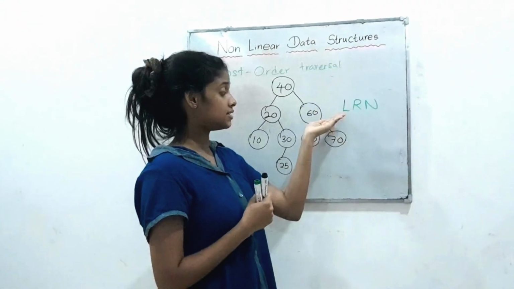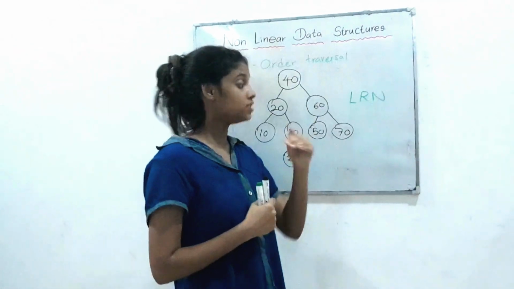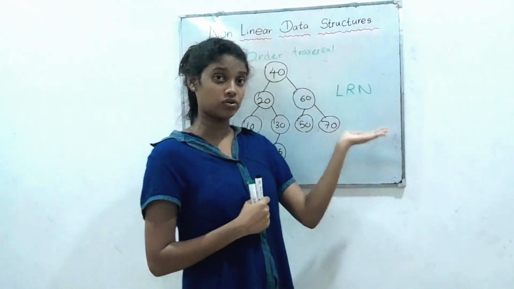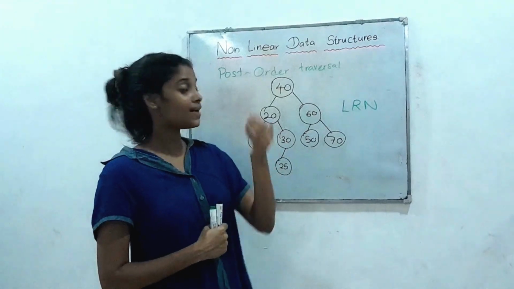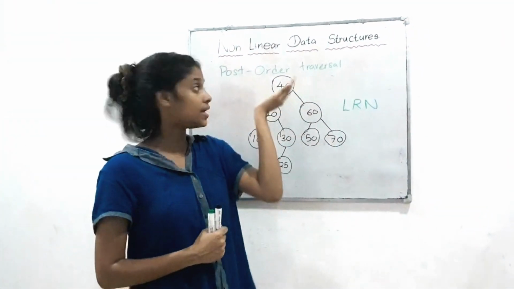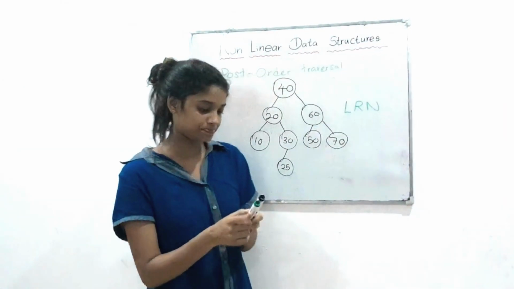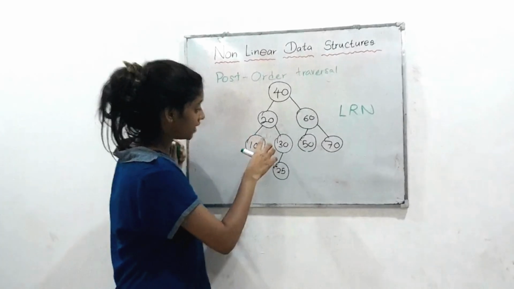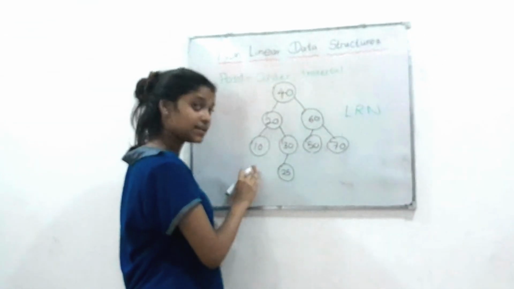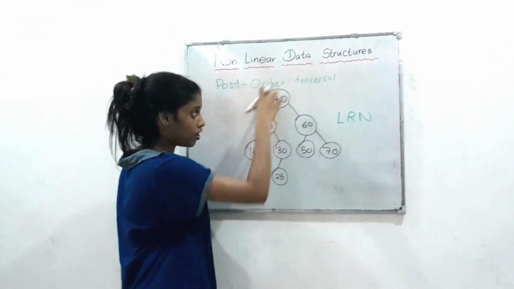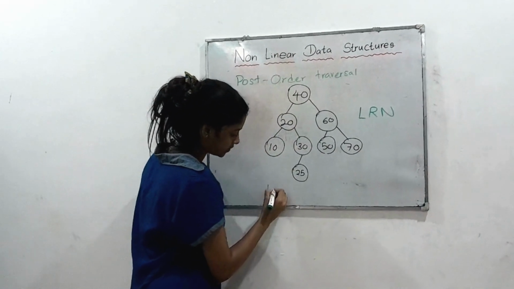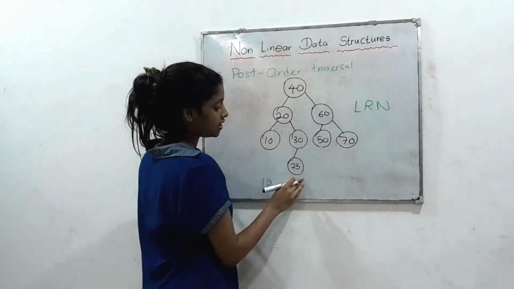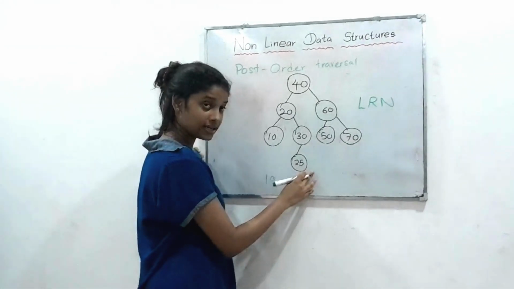Okay? You have to check the left side nodes, then you have to check right side nodes. Last, you have to check the root. Okay, now let's see how this tree goes into post-order traversal. First, we write 10 because 10 is the leaf node of this side, right? 10. Then there is 25 also in the left side.